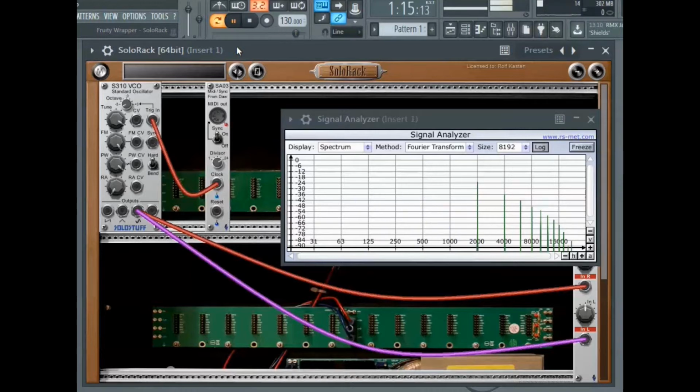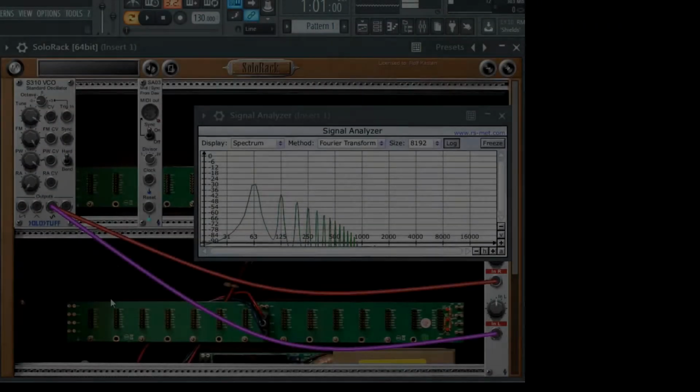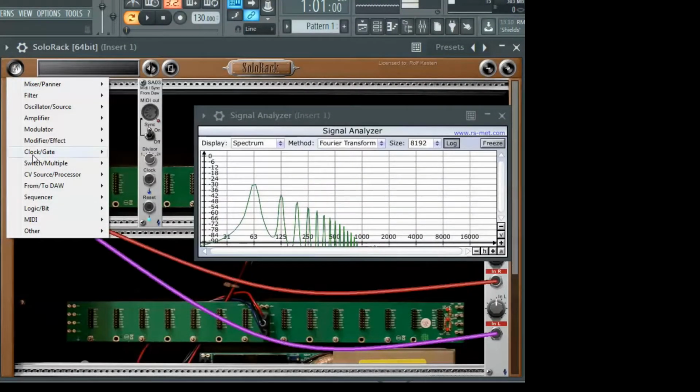At first the clock signal, which is sent only if my DAW's sequencer is running. And now the gate signal using the SD02 MIDI sync module.